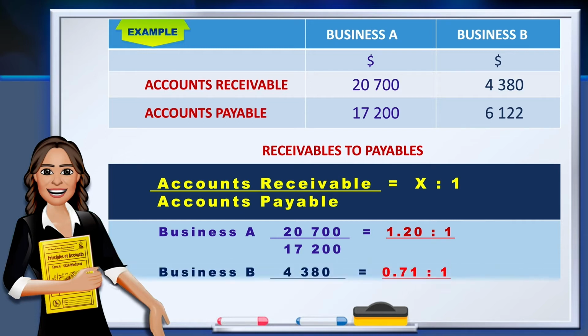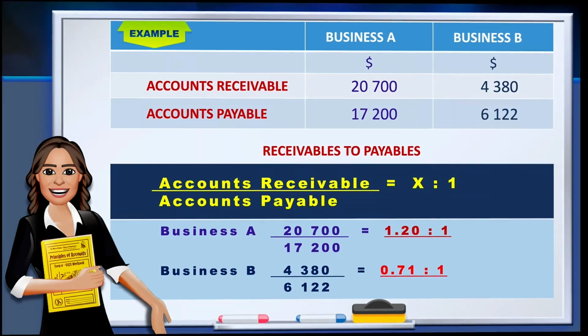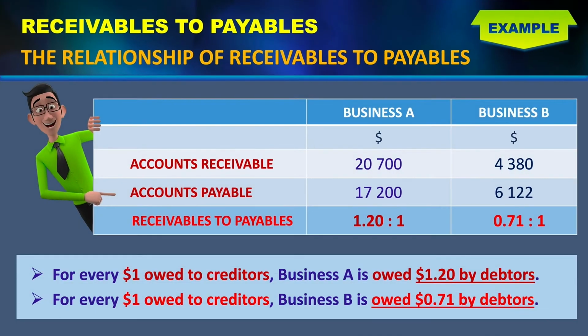And for business B, you take your receivables, which would be 4,380, over your payable, which would be 6,120, and the answer you get is 0.71, and you add the colon 1. And that is the interpretation. For every dollar owed to creditors, business A is owed $1.20 by debtors, and for every $1 owed to creditors, business B is owed 71 cents.